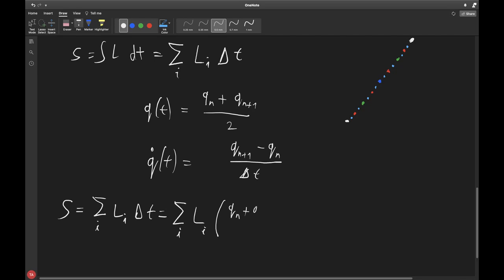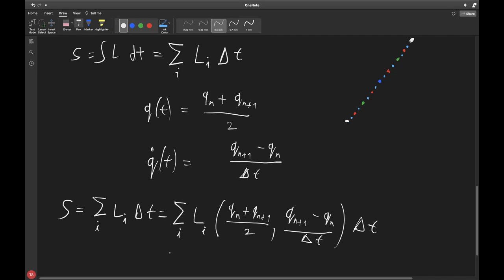So it's q_n plus q_(n+1) divided by 2, as was this q(t), and we have q_(n+1) minus q_n divided by delta t. And I should not forget this delta t at the end.